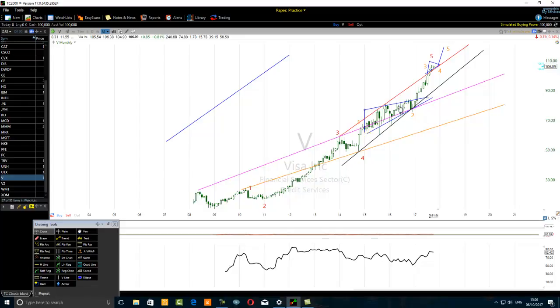Second manual wave, third manual wave, expectation of fourth manual wave here, unless this is already the fourth manual wave, and the fifth manual wave of the fifth wave. We will see. Draw all the trend lines, concentrate on the price action, use the Elliott wave principle, the Elliott wave patterns, in conjunction with the price action.